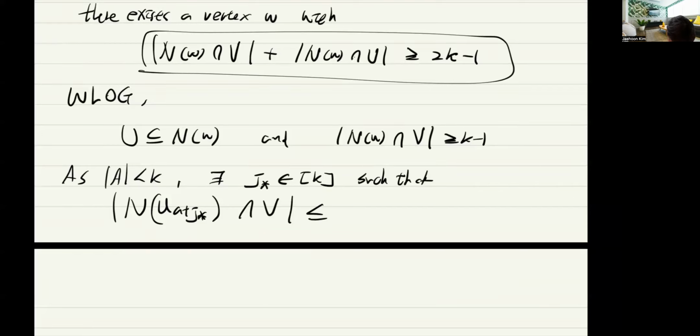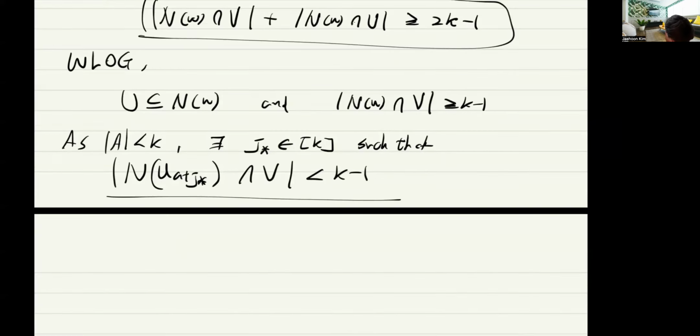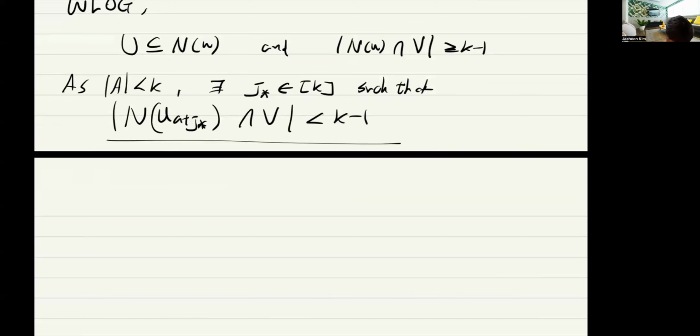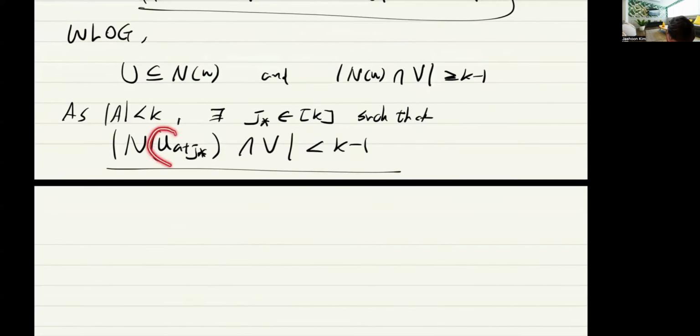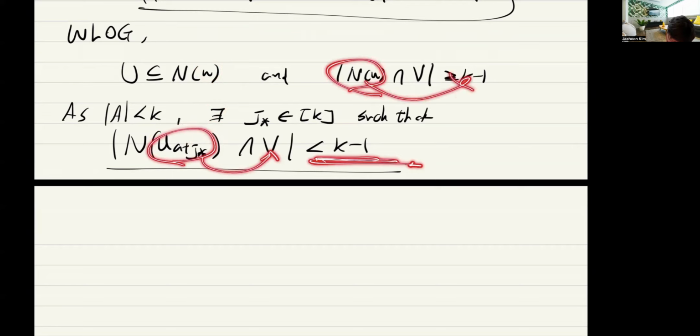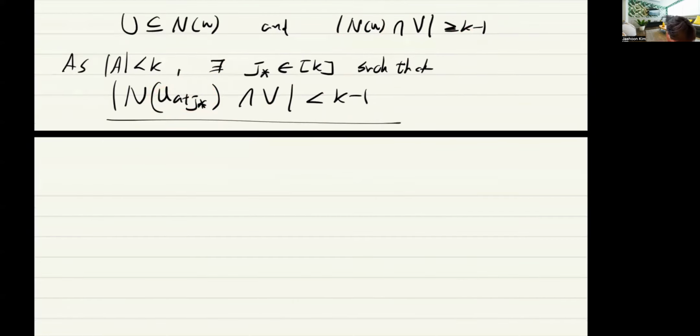So it's sending strictly more than K minus 1 neighbors to B. Okay, then what can we do? We want to kick this out and then put W instead. Then this one was sending to B at most K minus 1, but this one is sending more than or equal to K minus 1. The number of edges between them increases.